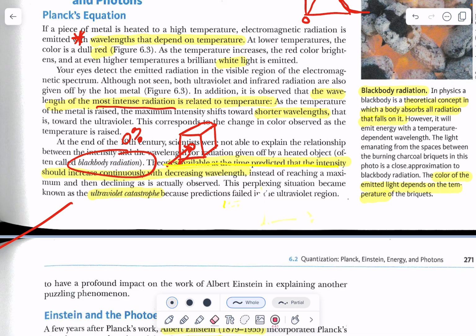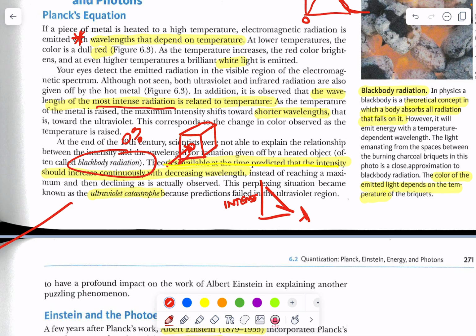So if we have a graph here, and this is intensity or brightness, and over here is wavelength, you would think that as the wavelength is getting bigger and bigger and bigger, meaning the frequency is getting smaller and smaller and smaller, we should get a curve that looks like this. And of course, the software on this iPad immediately turned that into a straight line.